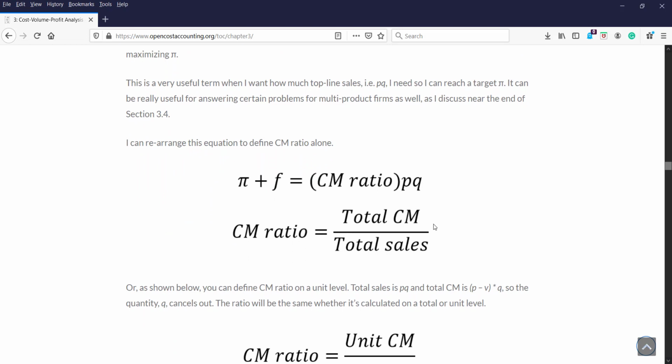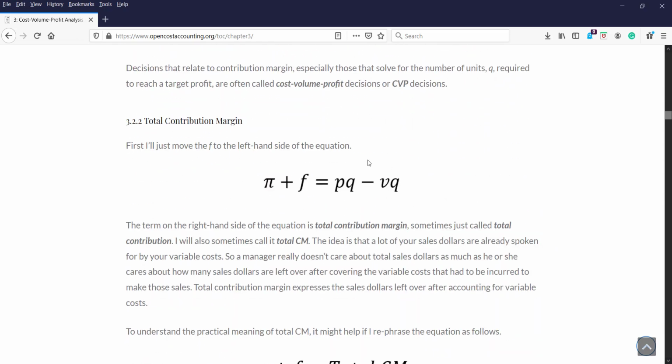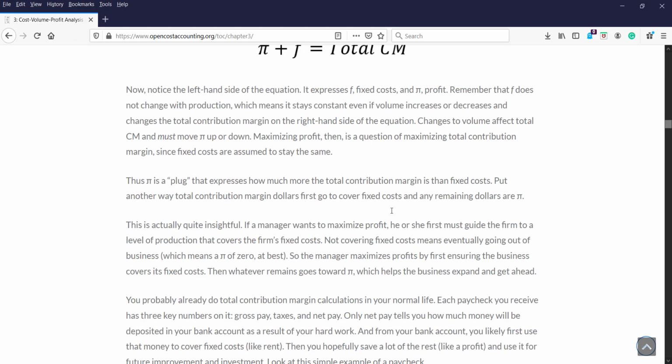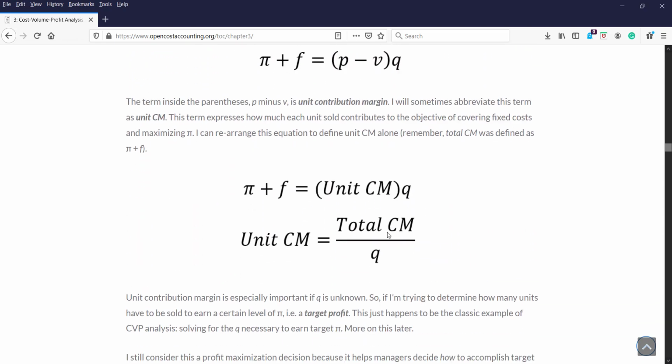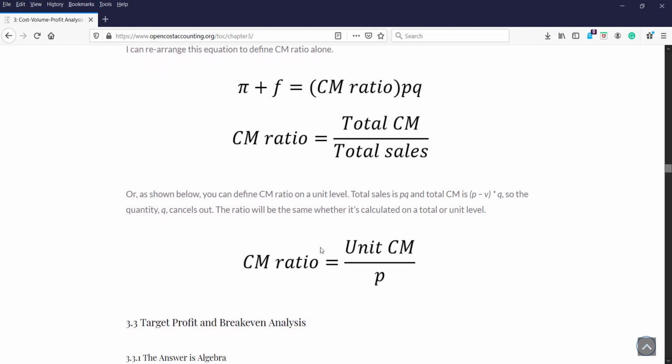Also, because total CM has a quantity in it, that's the Qs. Total CM is this right here, PQ minus VQ. And total sales is PQ. We can actually just cancel out the Qs and get the same ratio as when we have unit CM over price.